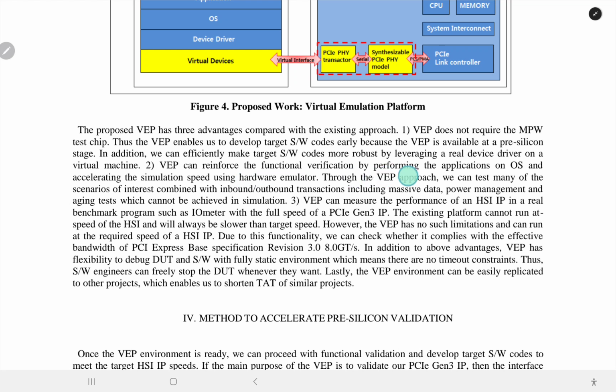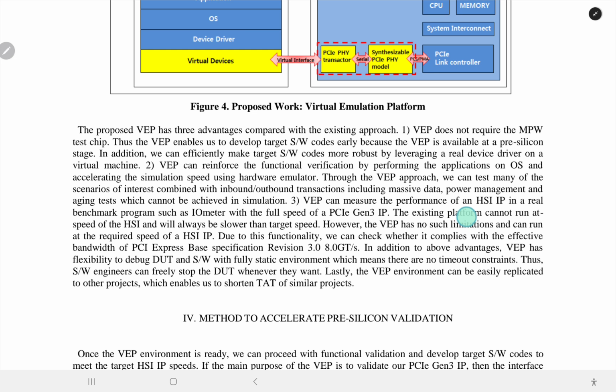Through the VP approach, we can test many of the scenarios of interest combined with inbound or outbound transactions, including massive data, power management, and aging test, which cannot be achieved in simulation. 3. VP can measure the performance of the HSI IP in a real benchmark program such as Iometer with the full speed of a PCIe Gen3 IP.